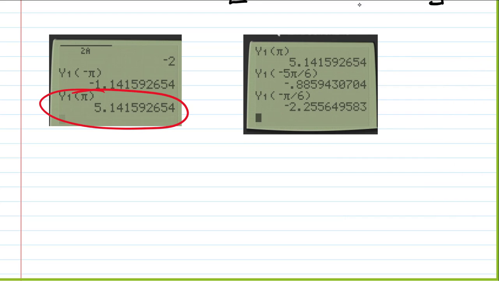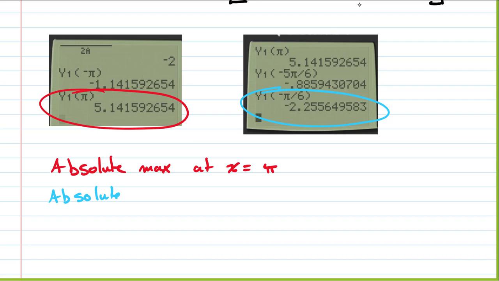So it looks like this is going to be the absolute max at x equals pi, and then we select our smallest value, which is going to be this one, and our absolute min is going to be at x equals negative pi over 6. And that would be the location of the absolute max and absolute min of that function.